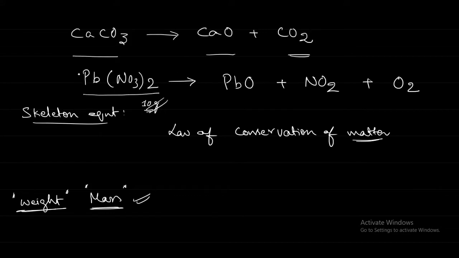Then the number of molecules, or you say the atoms, of lead Pb on the reactant side and product side, whether they are the same. Here one Pb is there, here also one Pb is there. Okay, that is the same. Nitrogens, the number of nitrogens on the reactant side and product side, whether they are the same. No, sir. So how many are there on the reactant side? 2 are there.